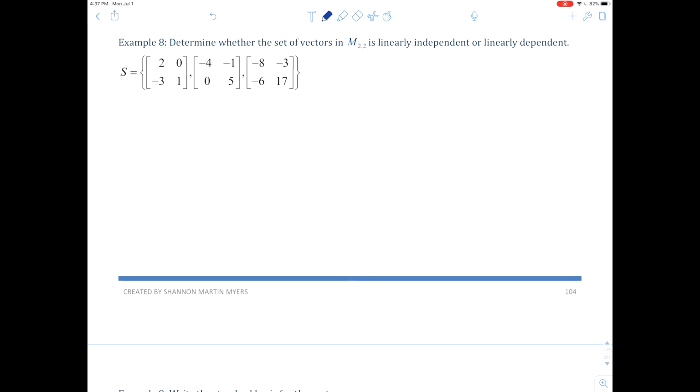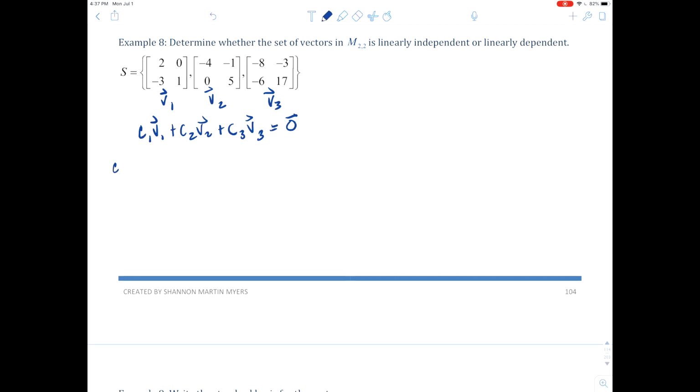So what do we want to do? If this is like our V1, V2, and V3, we want to set up C1 times V1 plus C2 times V2 plus C3 times V3 equals our 0 vector.